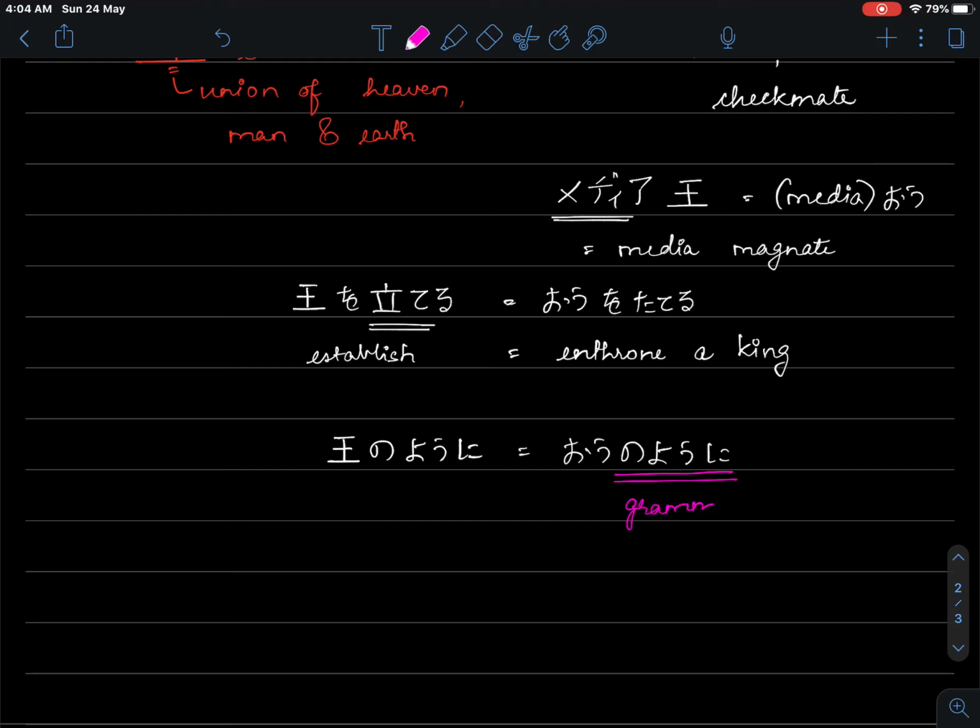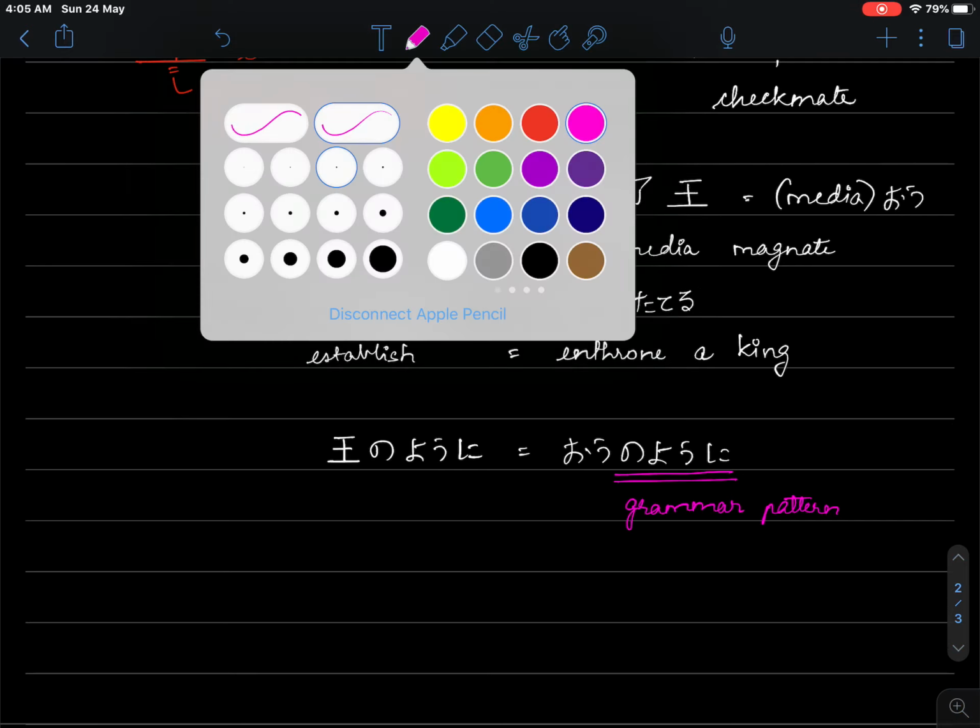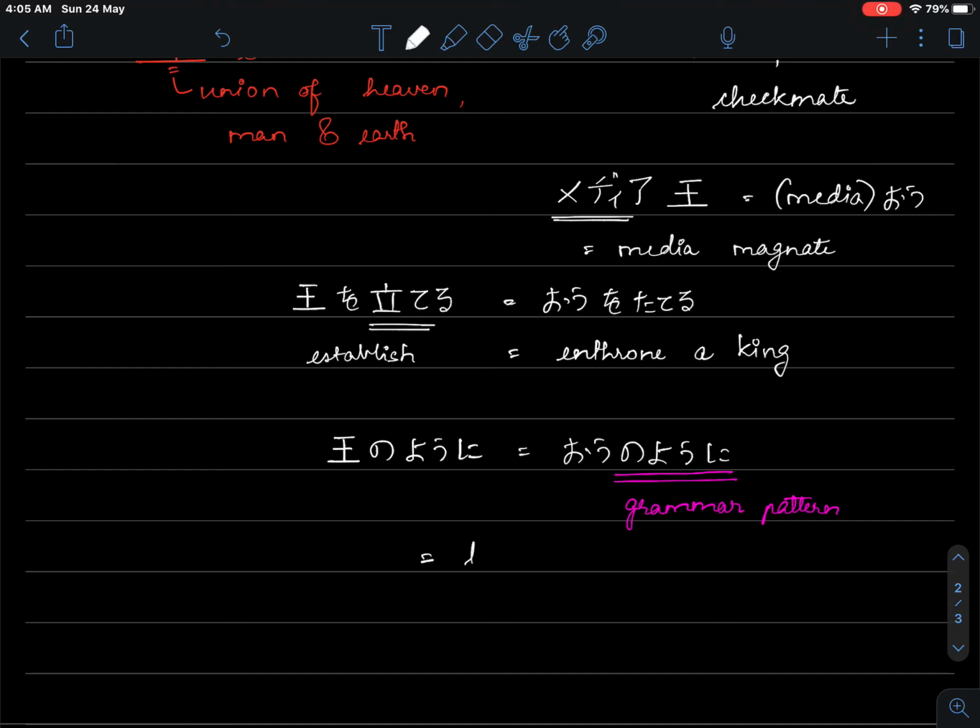It's a very common way of expressing something, and the meaning is like a king, and the meaning of this no yoni is like. Okay, so instead of king you can have some other noun, and then you can add no yoni and it means like that.